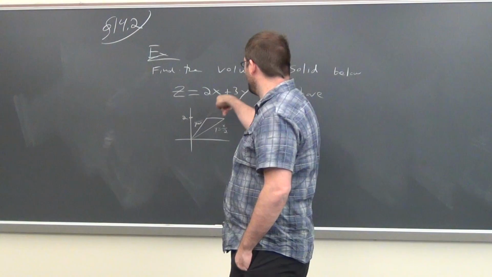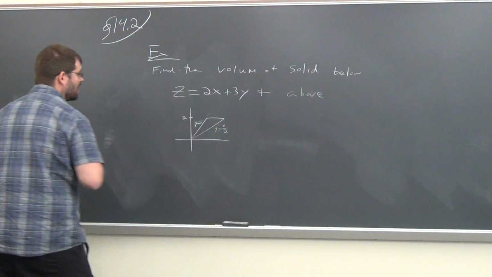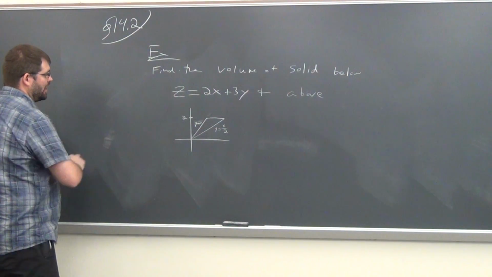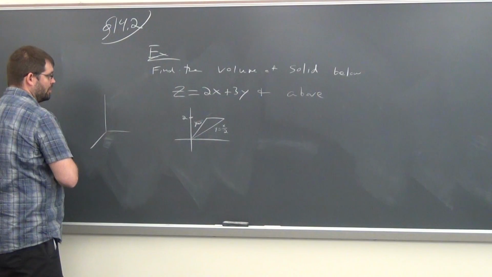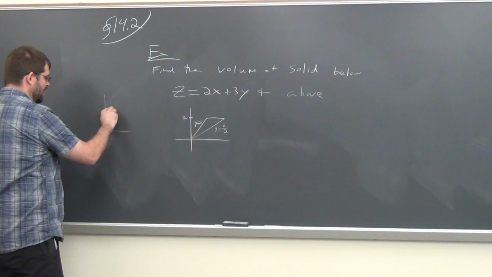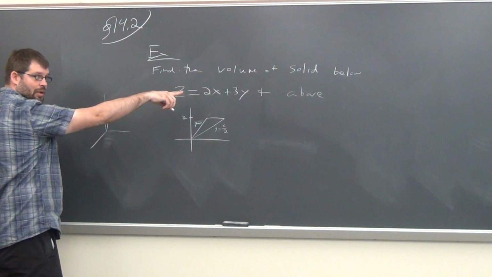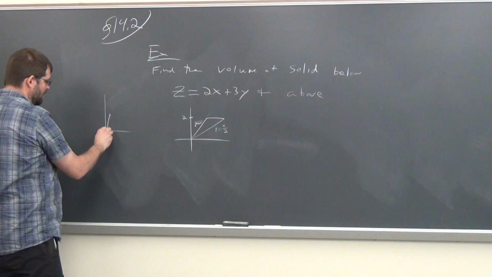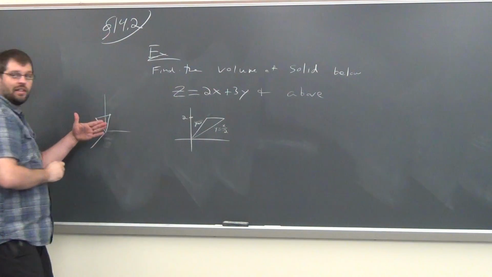This guy is a plane though, right? z equals 2x plus 3y. I won't draw the whole thing, but you've got a plane moving up there, z equals 3y and z equals 2x, so you get a plane that comes up out of the board.